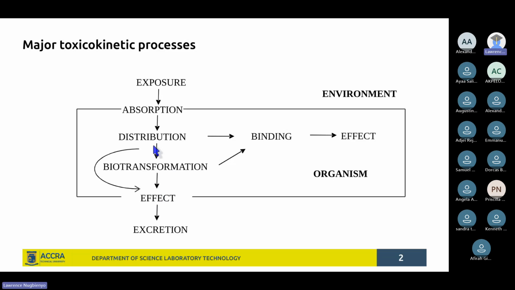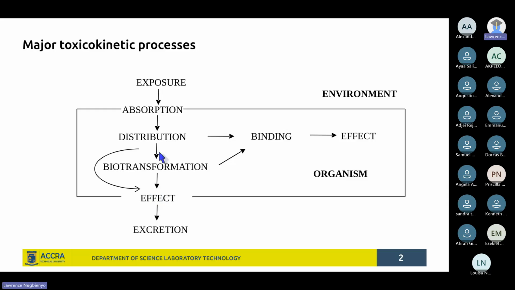Here again, you can have, straight from distribution, the substance directly having an effect. Not the metabolite, but the substance directly is having an effect after getting distributed in the various organs and tissues.